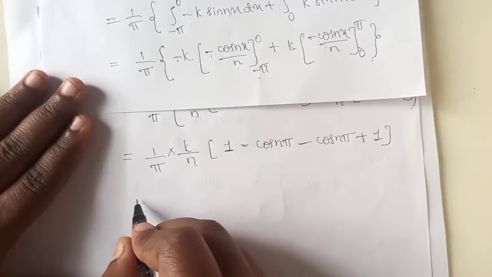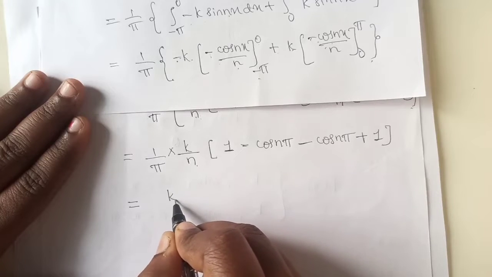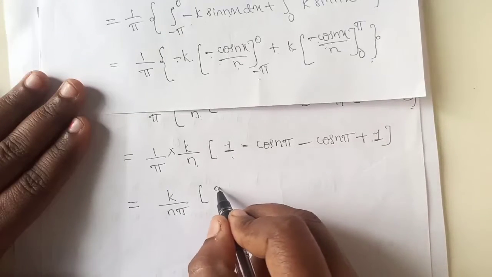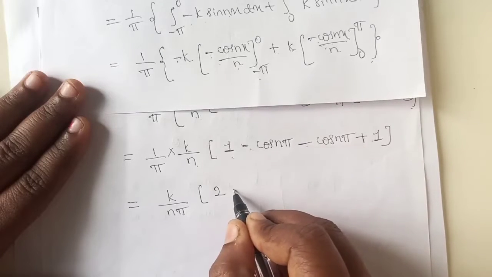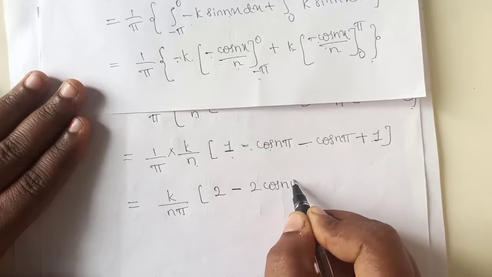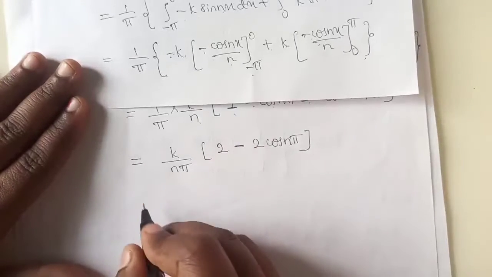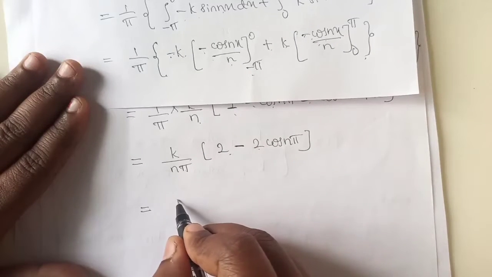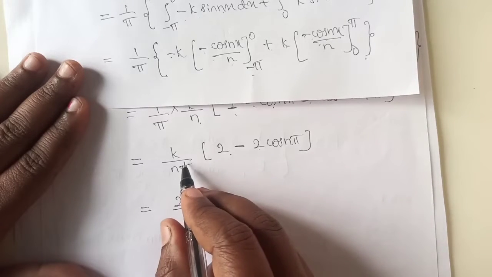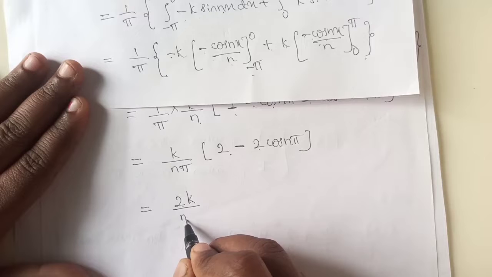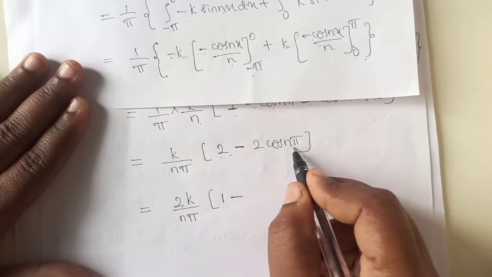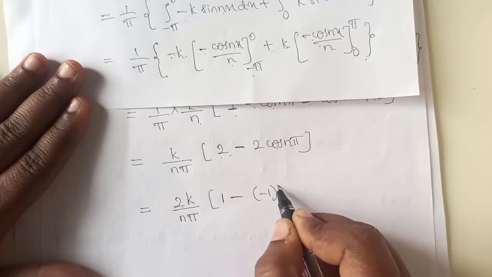So we get k by n pi in the bracket 1 into 1, 2, minus into minus, minus we get 2 cos n pi, or this can be written as 2 can be taken outside, that is common. On taking 2 common, we get 2k divided by n into pi. This can be written as 1 minus cos n pi, means it is minus 1 power n.